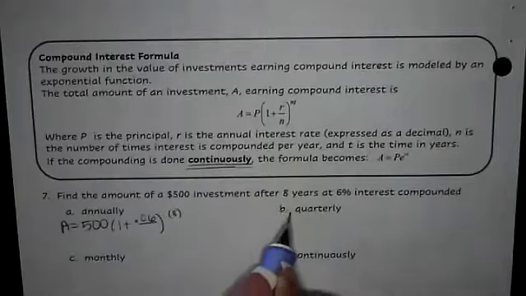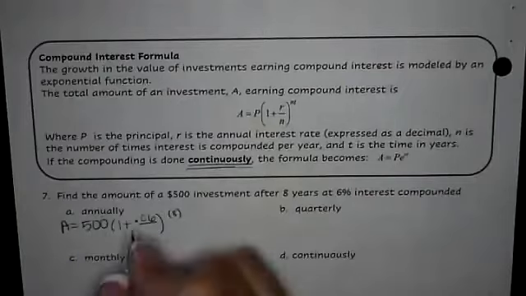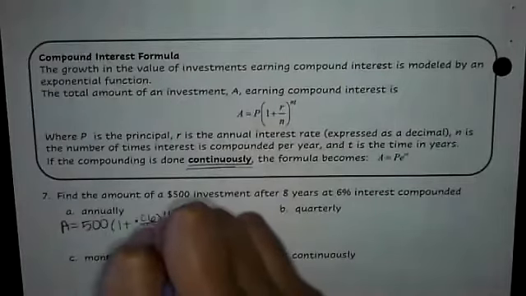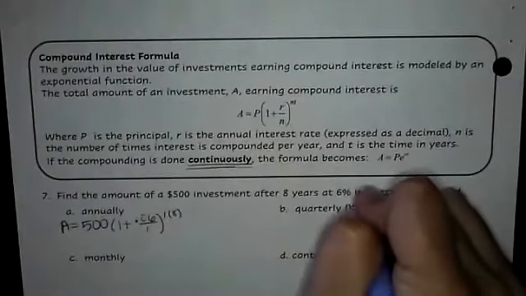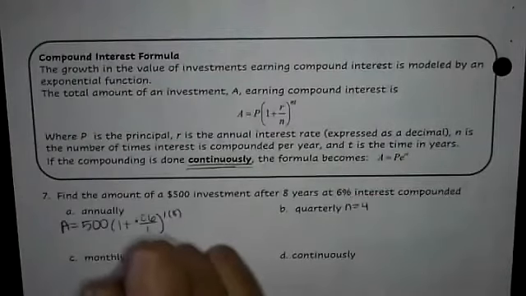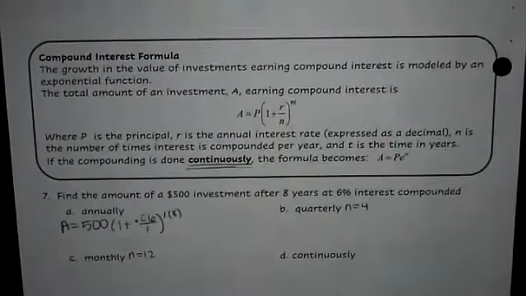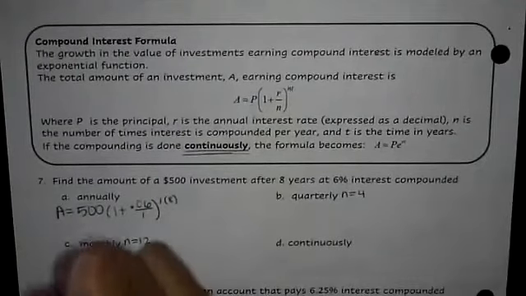So these 3 right here are going to be the same thing with different N values. Annually happens 1 time a year. So the N would be 1. Quarterly happens 4 times a year. So the N would be 4. And monthly happens 12 times a year because there's 12 months in a year. So the N would be 12.